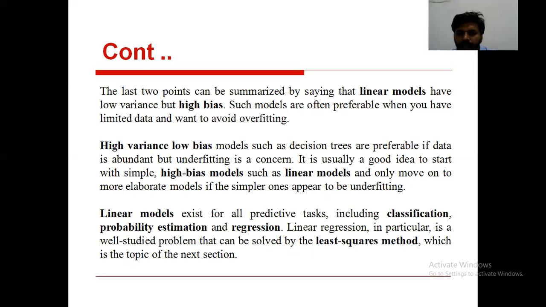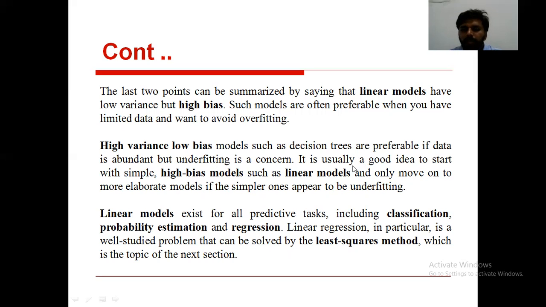If the data set size is huge, then we will prefer decision trees or tree models. Whenever the data set size is small, we prefer high bias models like linear models. Linear models always give low variance and high bias.